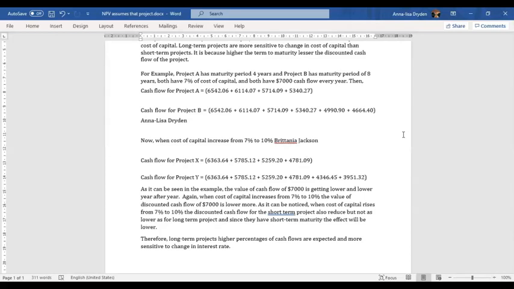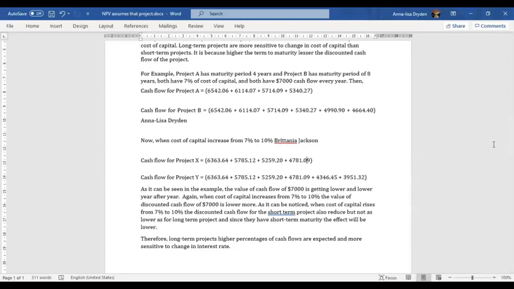For project Y, we will have the same four figures with the addition of 4,346.45 plus 3,951.32.